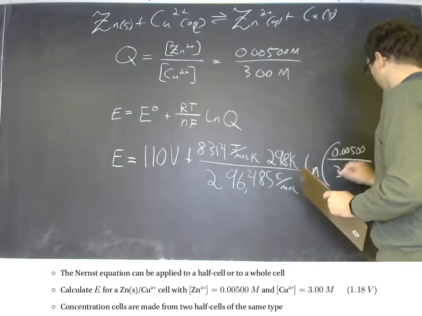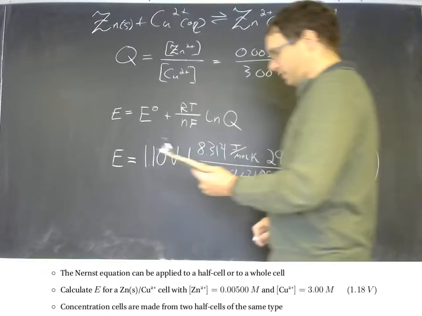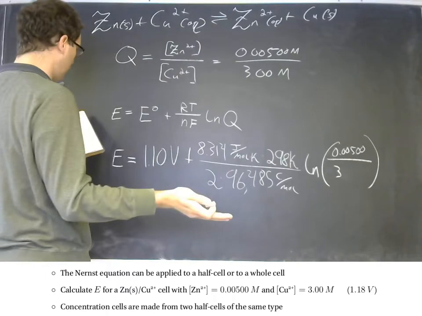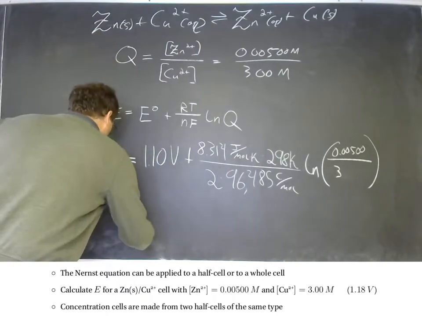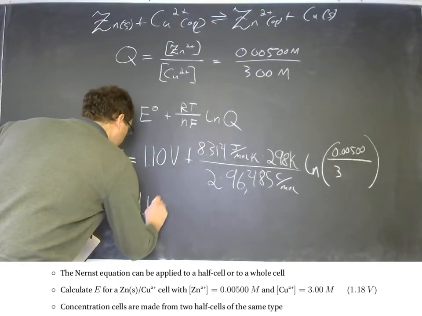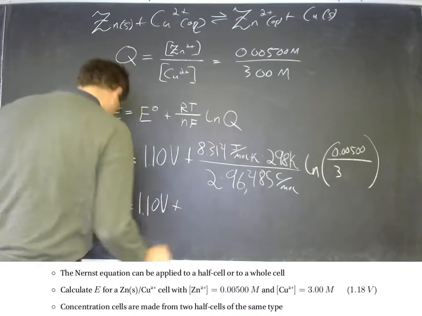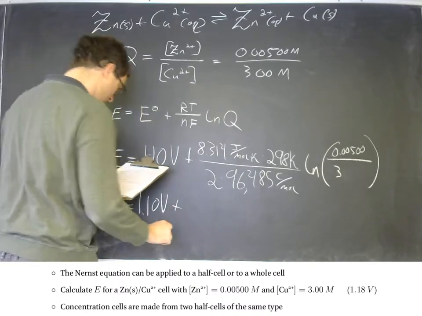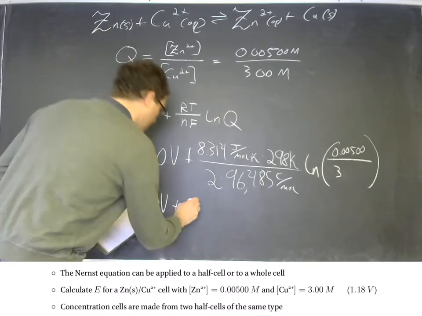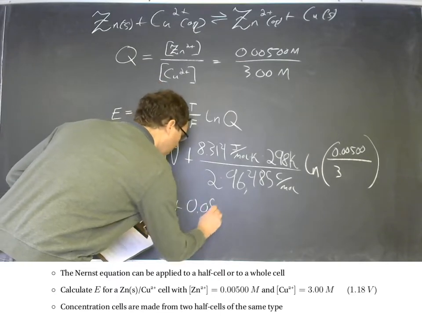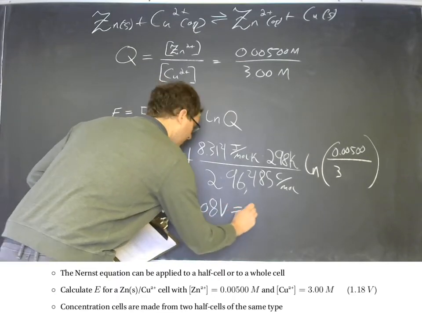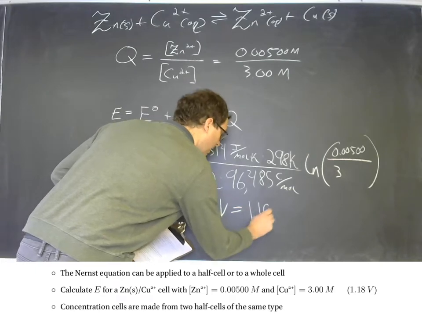And this is going to end up improving our cell potential a little bit. E is going to equal 1.10 volts plus 0.08 volts to give us finally 1.18 volts.